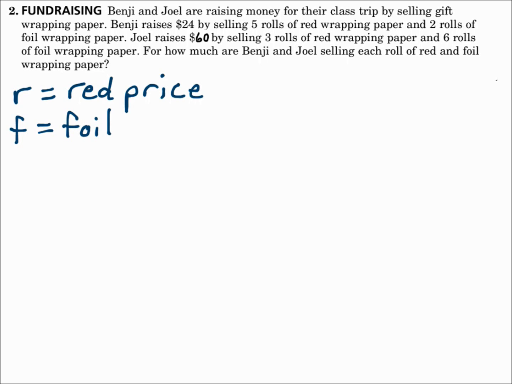Since we're looking for the price of each type of roll, those will be our variables. We have red and foil types, so let's have R stand for the price of the red wrapping paper, and let's have F stand for the price of the foil wrapping paper. Now look for clues in the question to set up the system.